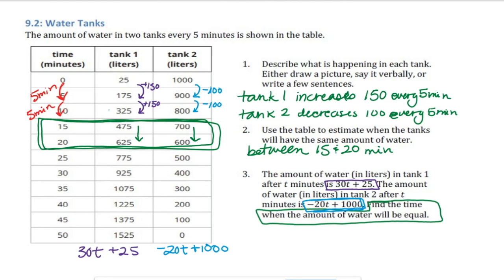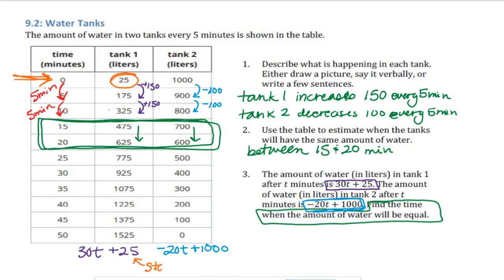So if we look at tank 1, we'll get to the 30 in a second, but let's look at the 25. Look at tank 1 and see if you can locate 25. 25 is the first value in our list. At 0 minutes, tank 1 has 25 liters.